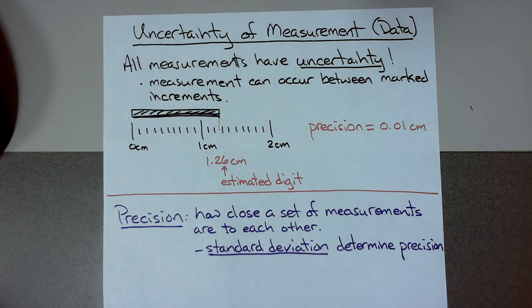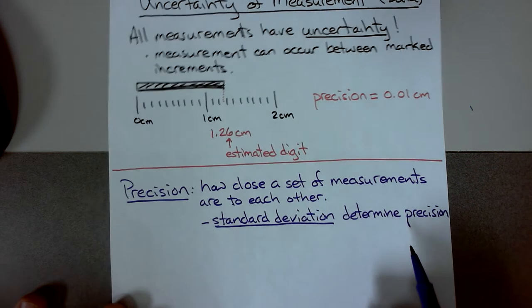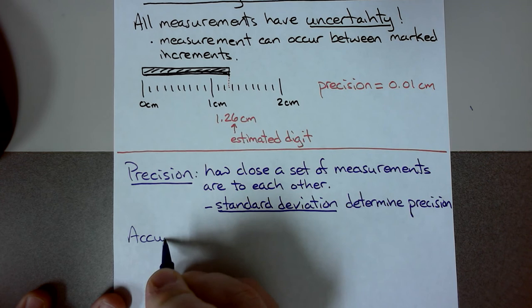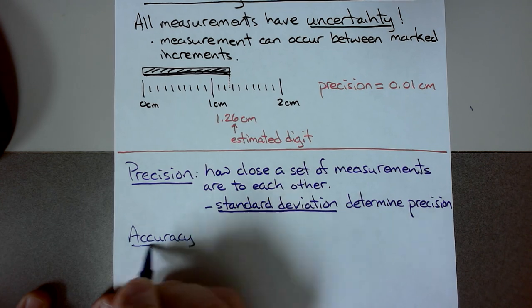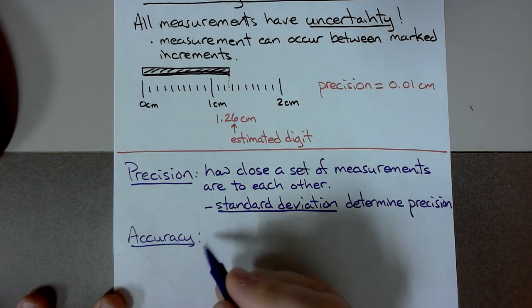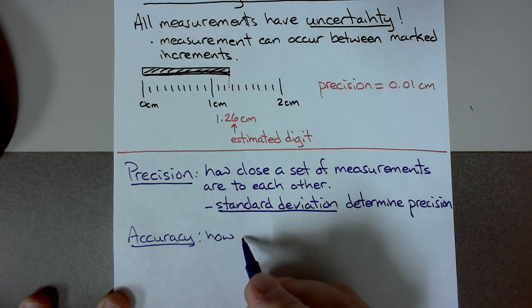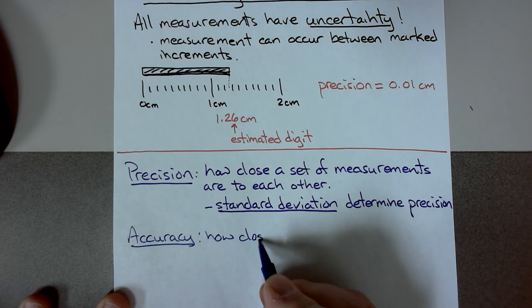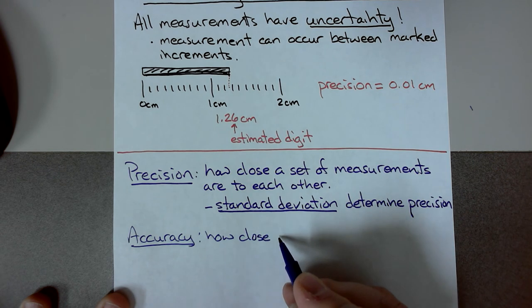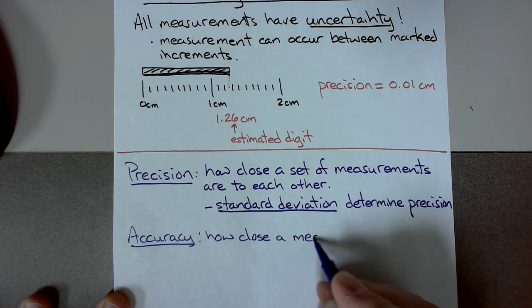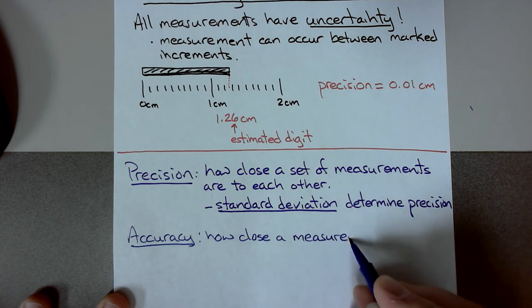And then the other term is accuracy. That helps us know how good our measurement was. So let's look at accuracy. What is accuracy? Accuracy is how close measurements are to the true value. So how close a measurement or measurements are to the true value.